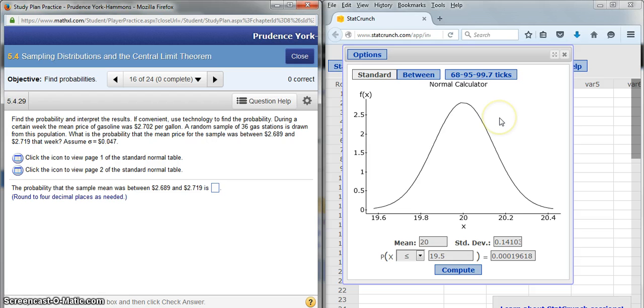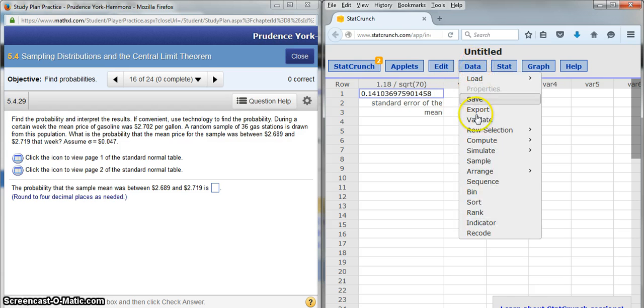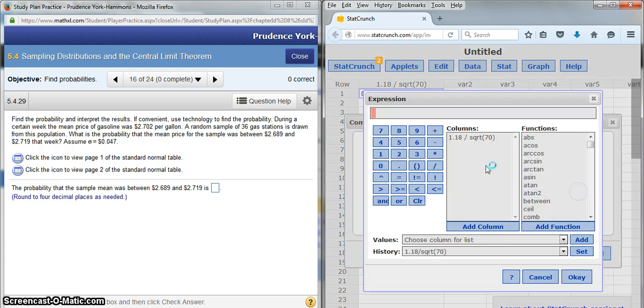Now, I've already done a problem over here in StatCrunch for the first question, so I'm going to close this, and I can actually work another problem here. I think it'd be pretty easy to do another Data, Compute, Expression, and build. We take the standard deviation of the population, 0.047, and divide that by the square root of n.